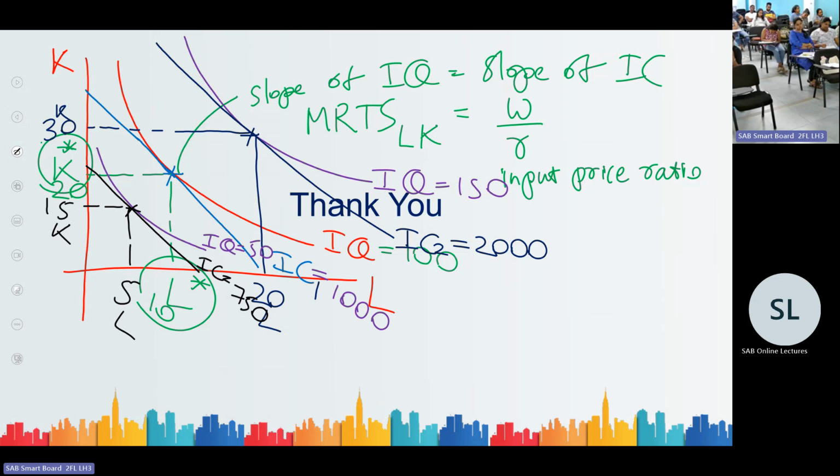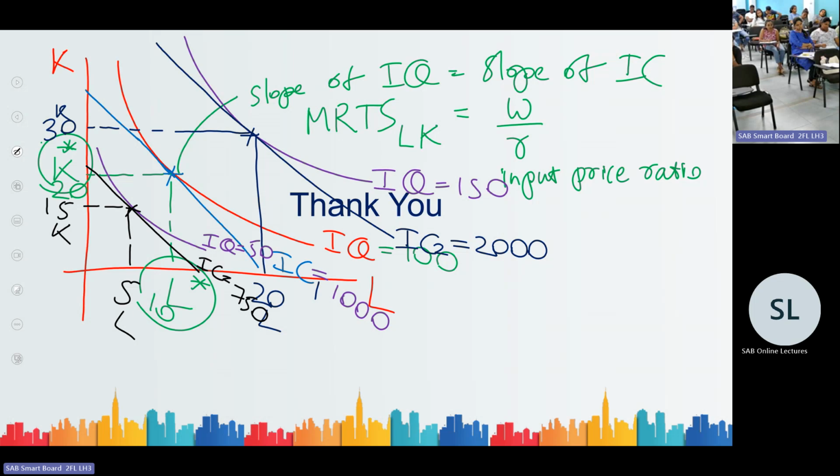Likewise, different levels of outputs will need different levels of cost, and those combinations of inputs and costs will derive different optimum input combinations.